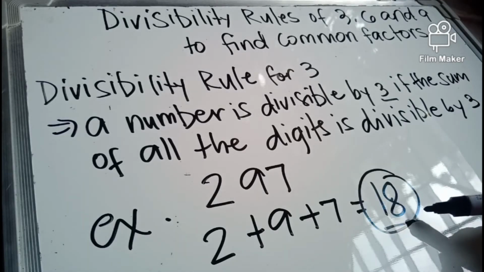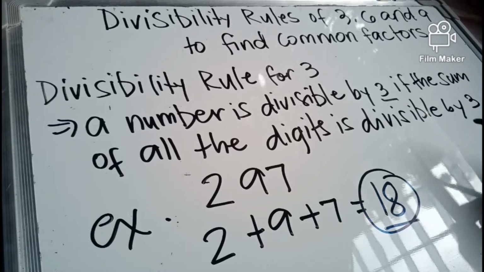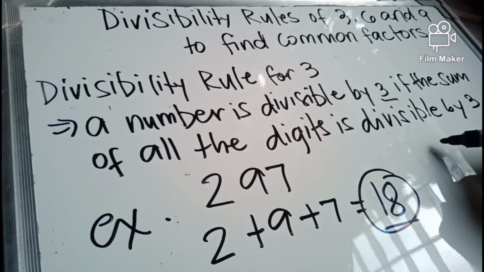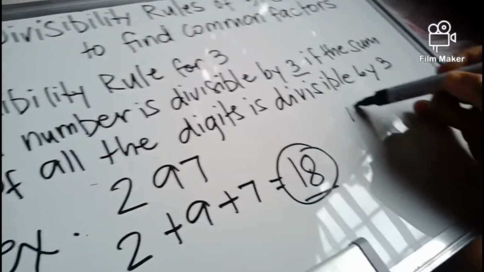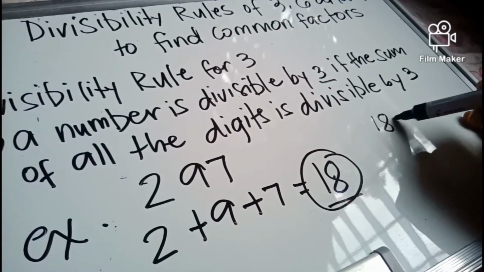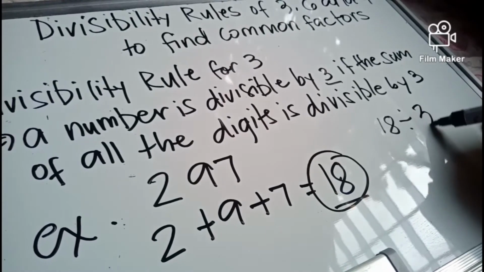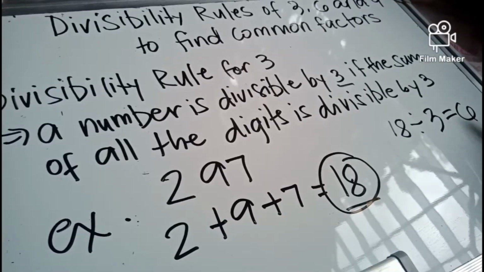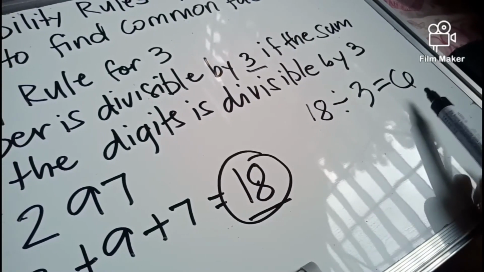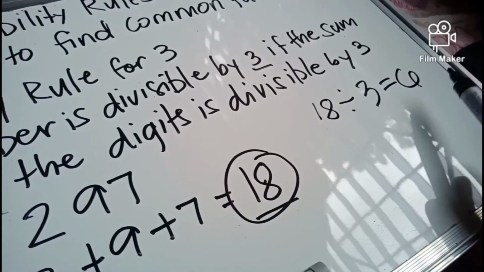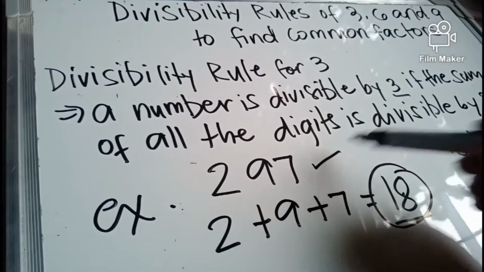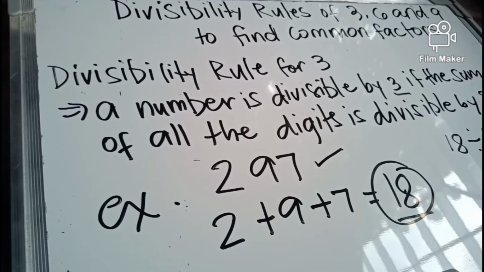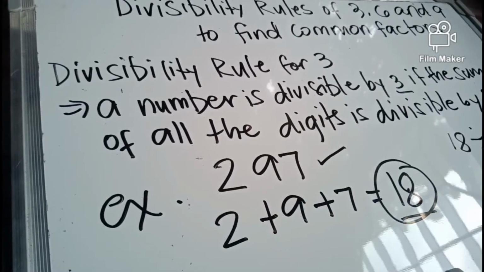So, titingnan natin. Yung sum na 18, i-divide natin. This is 18 divided by 3 is equals to 6 without remainder. Therefore, 297 is divisible by 3.